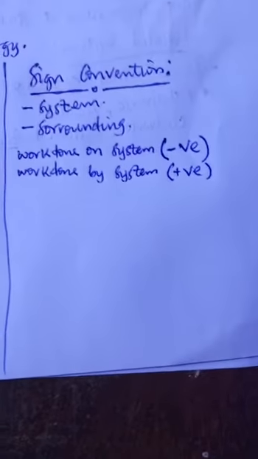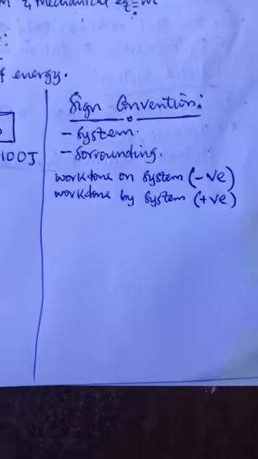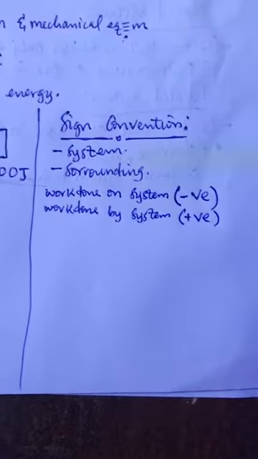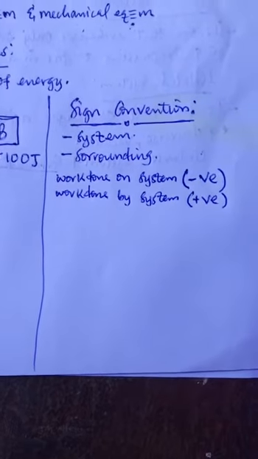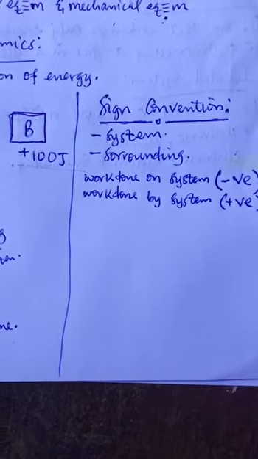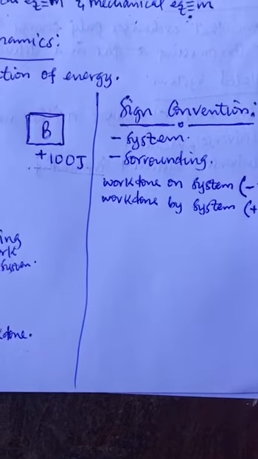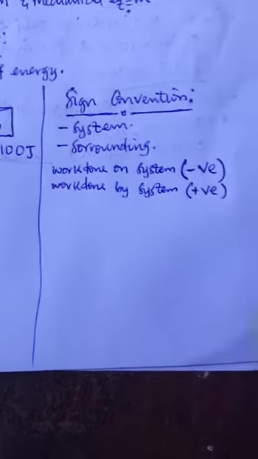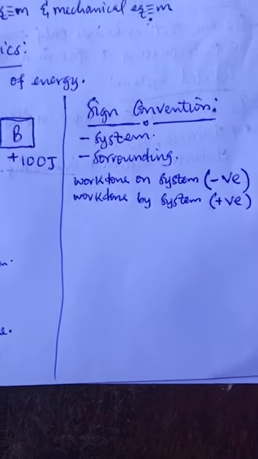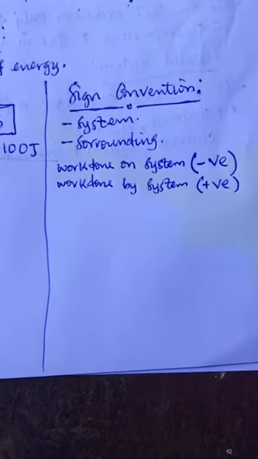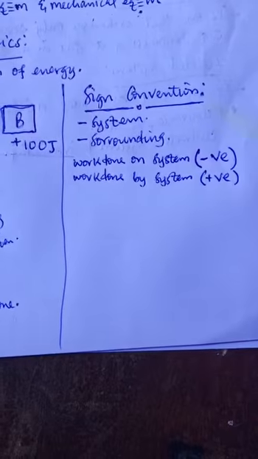Now the opposite will be true if we are considering the surrounding. If we are standing on the surrounding and observing the surrounding, if work is done on the surrounding, it will be negative.